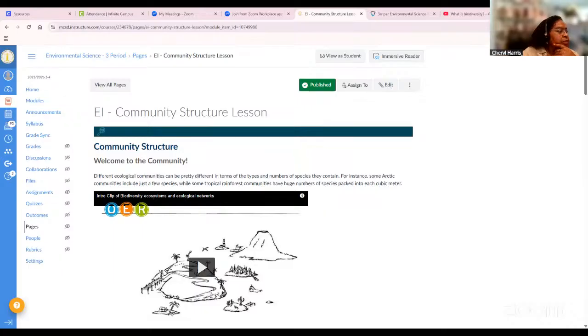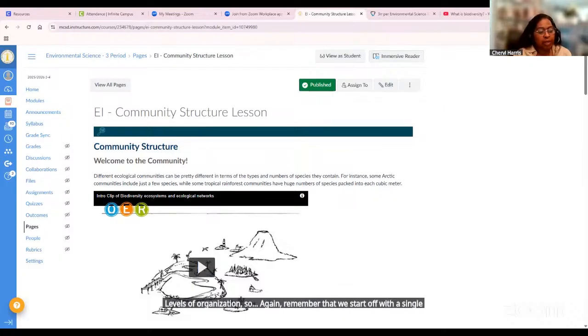All right. So we're moving on to talking about communities. So we're looking at our ecological levels of organization. So again, remember that we start off with a single individual, and that is an organism.